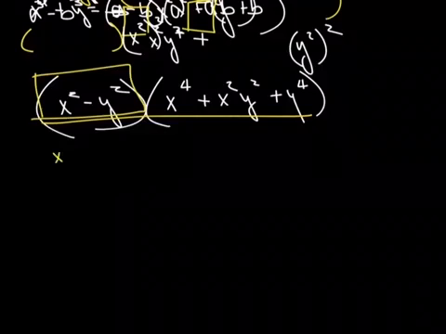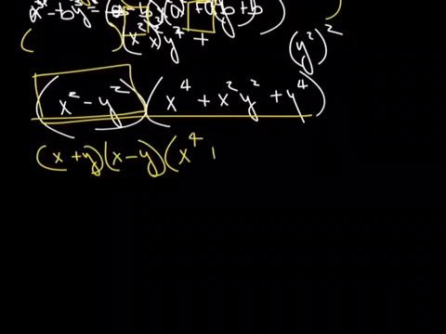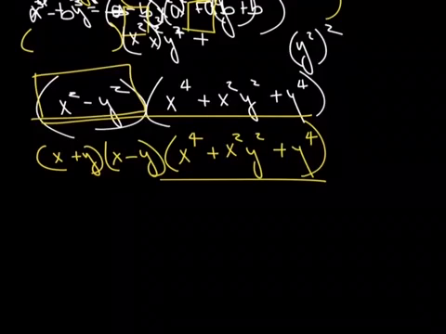And so the difference of two squares is the first term plus the second term times the first term minus the second term, times x to the 4th plus x squared y squared plus y to the 4th. Alright, so this answer is going to be different than the book's answer for example 14 because they did it a different way. Now I should say the answer is the same, it's just going to look different.